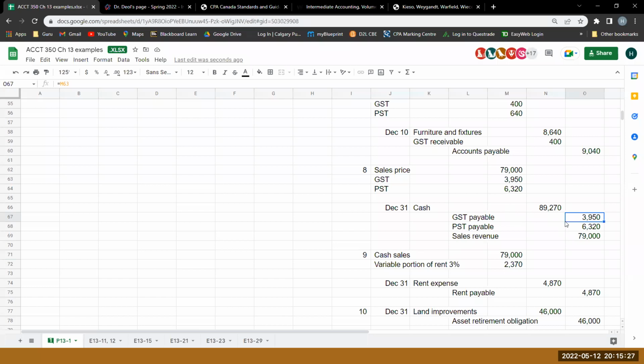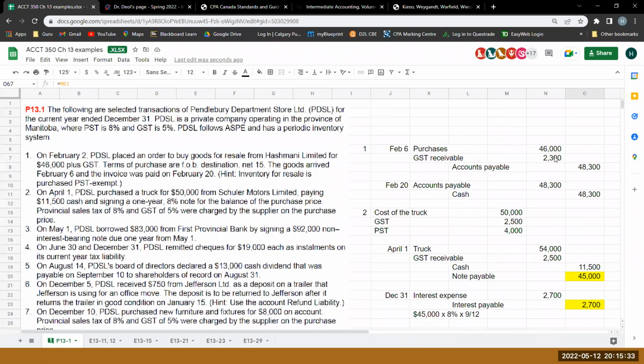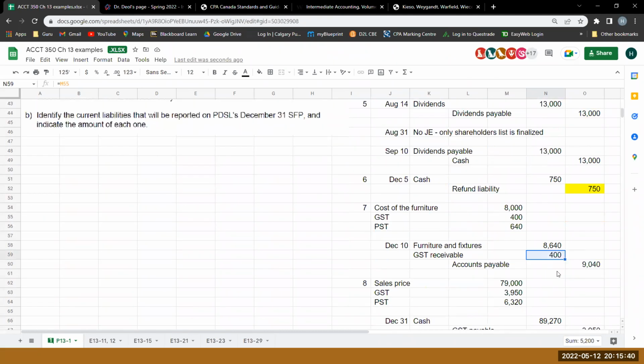So I will offset my GST payable, which is smaller, against my GST receivable of $2,300, $2,500, and $400, which is $5,200. That means I'm going to have a net GST receivable, so I wouldn't have any liability for the goods and services.